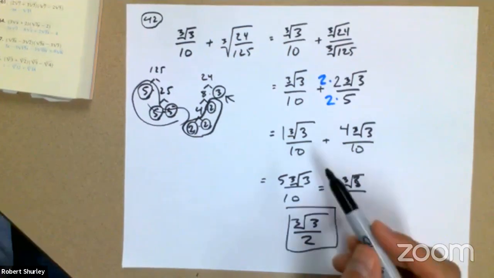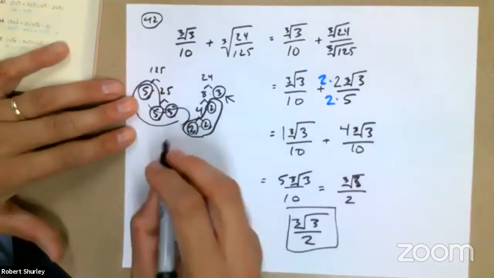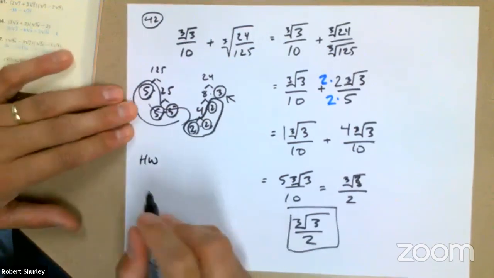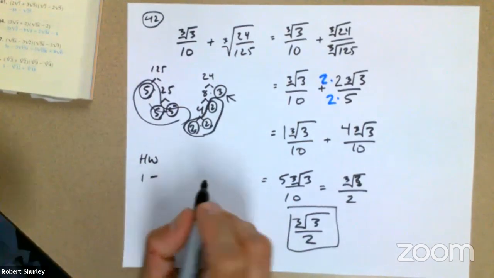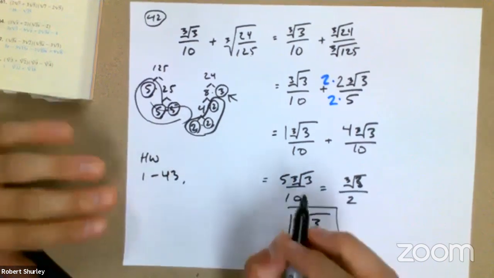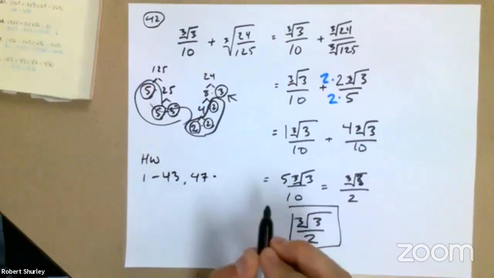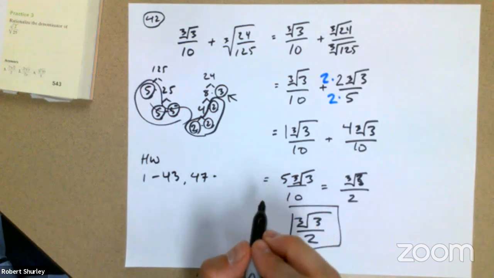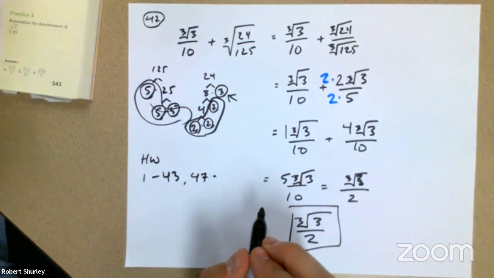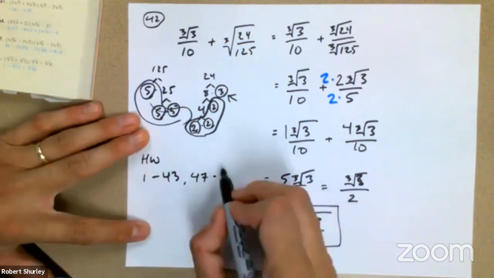Okay, cool. So now for homework, this section will be done a little bit early. Homework, I want you to do 1 through 43. These are all going to be odd. And then 47 through 69.